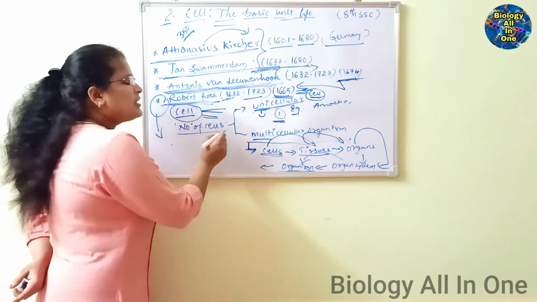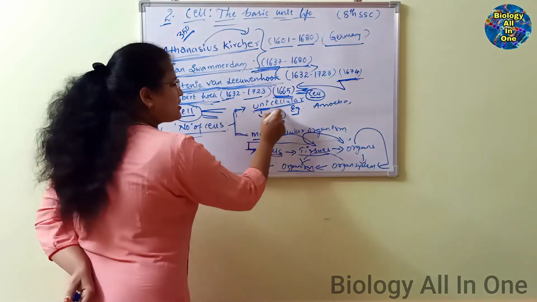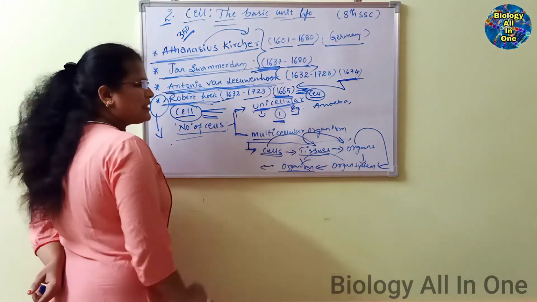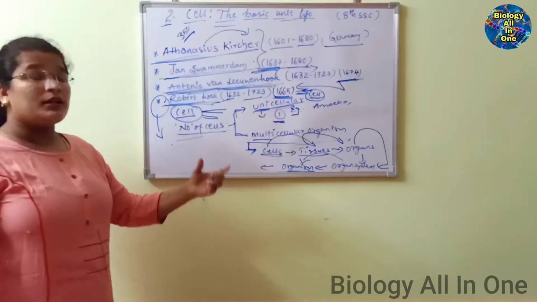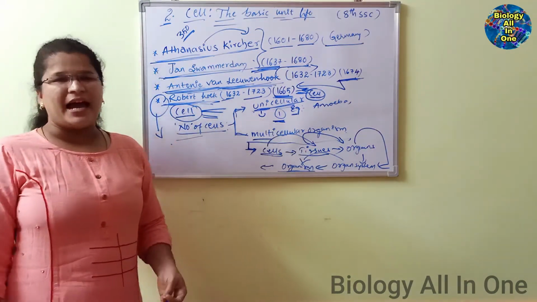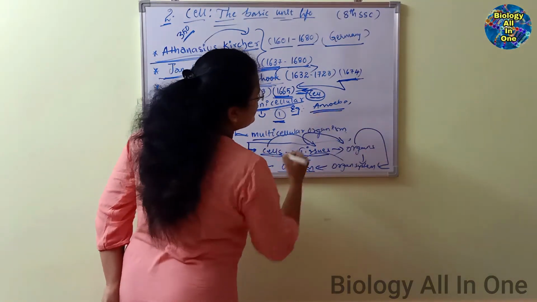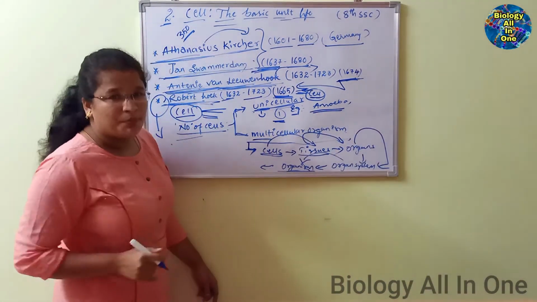I told you that cells are differentiated into two types: unicellular organisms as well as multicellular organisms, depending on the number of cells present in the body. Understand? See, most of the unicellular organisms are microscopic.